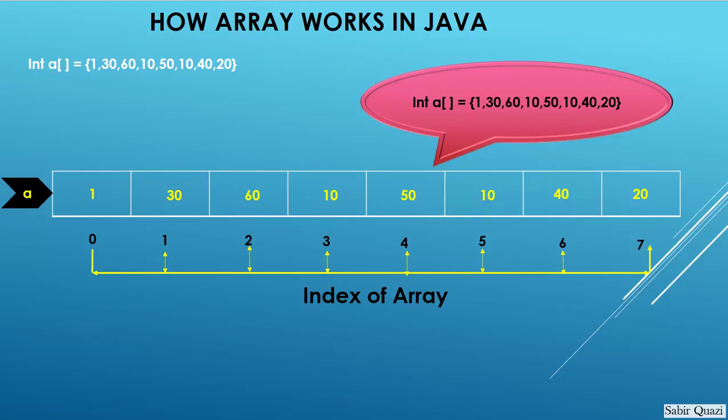One feature of an array is that it starts with index number 0. We can see in this picture, it starts with 0, meaning the first block of the array has index number 0, which holds the first element of the array, and values of arrays are accessed through these index numbers.